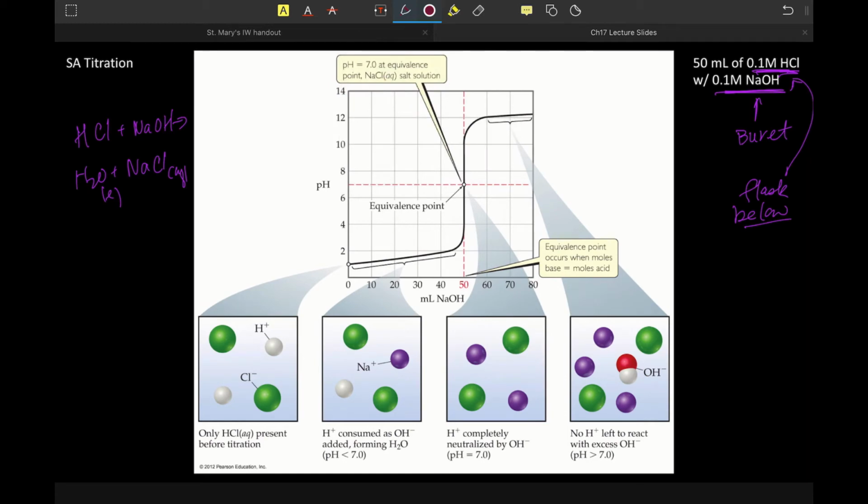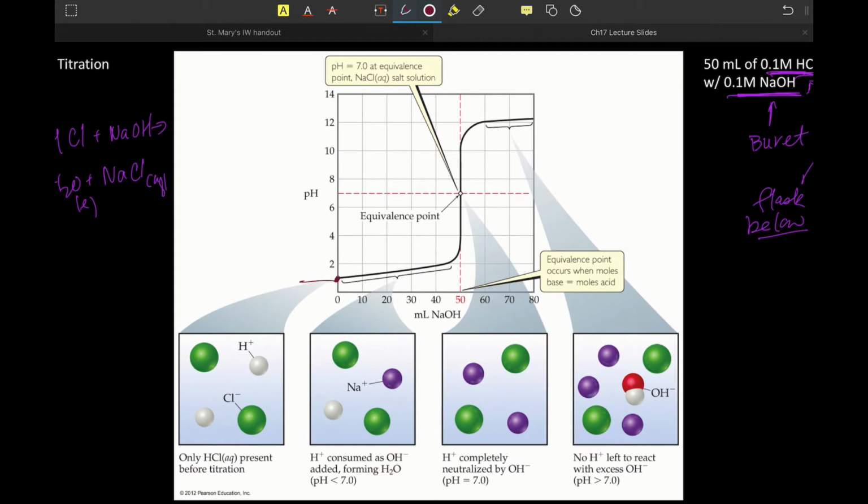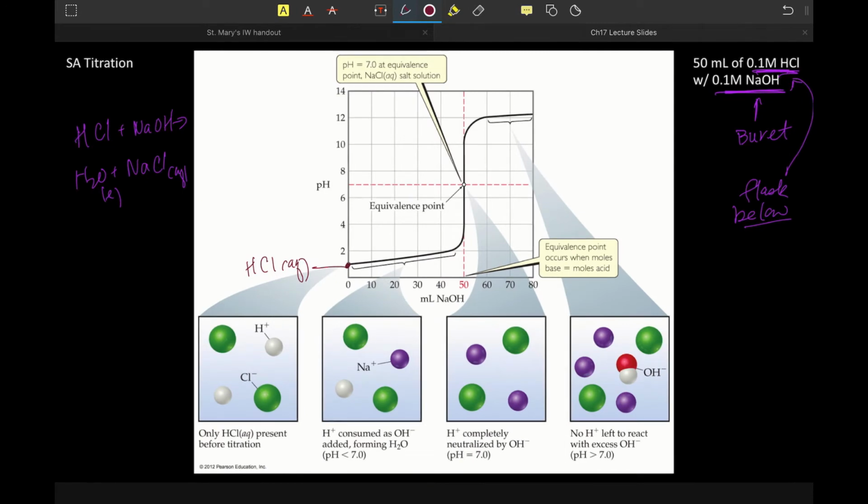So first of all, at this beginning point, what's super important to note is that it reflects just the thing we are analyzing, yes? That reflects only our HCl solution. And if we think about which species are present, because it's a strong acid, it dissociates completely. Meaning we have a whole bunch of H+ and a whole bunch of Cl-, and that's it.